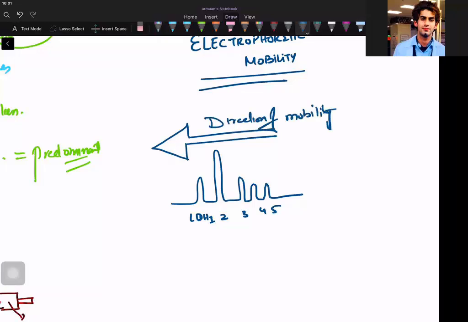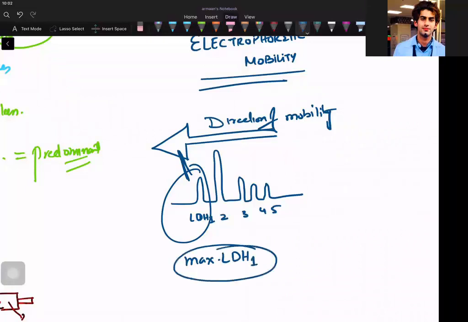So can I say from this, the maximum electrophoretic mobility is shown by LDH1? Why? Because it moved the maximum.